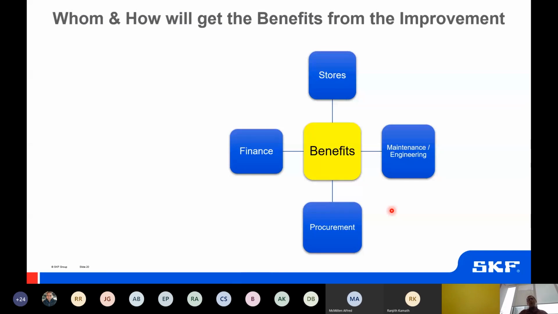So who and how will get the benefit from the improvement? There are different areas that we usually see can get the benefit from material master data improvement: the maintenance engineering, of course the procurement, the finance, as well as the store.